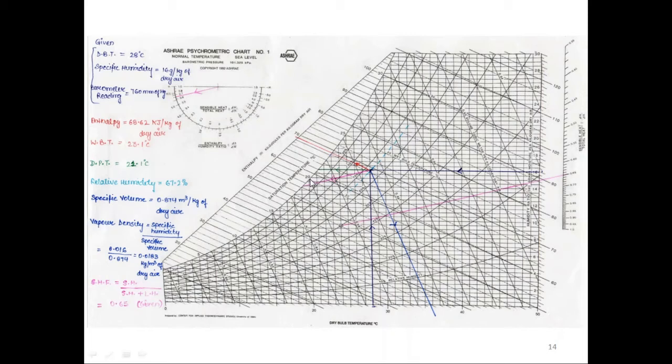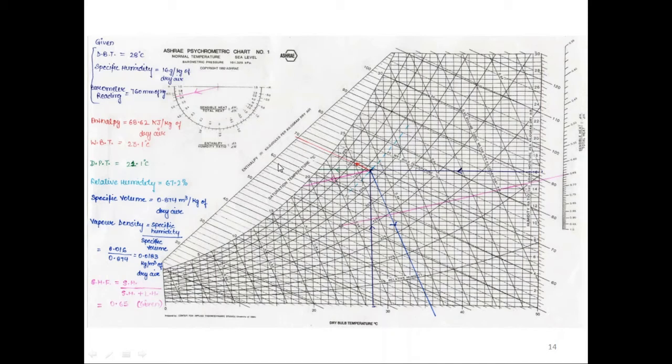You can see that 20, next dotted line is 21, 22, 23, and it is between 23 and 24, but near to 23. So we have taken the value as 23.1 degrees Celsius. If we extend this WBT line beyond the saturation temperature line, it will cut the enthalpy scale somewhere here.